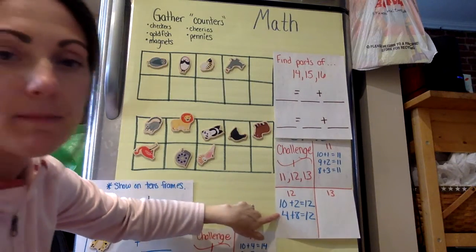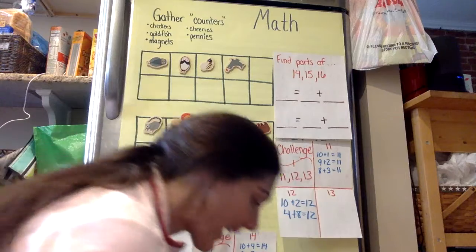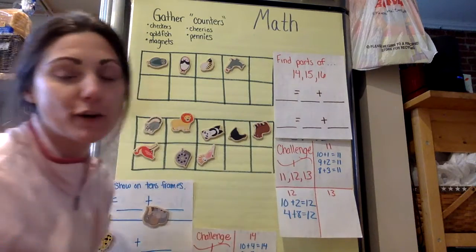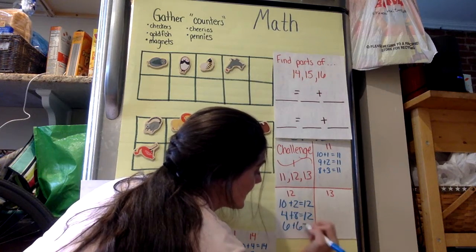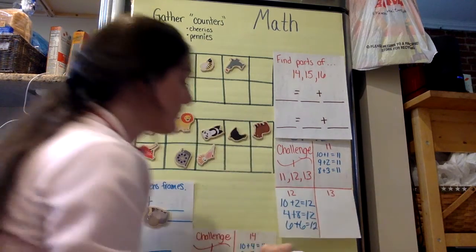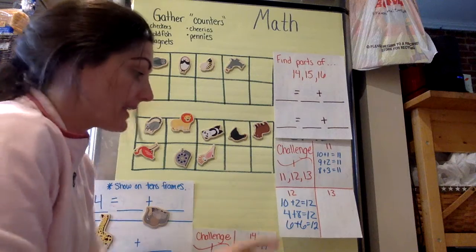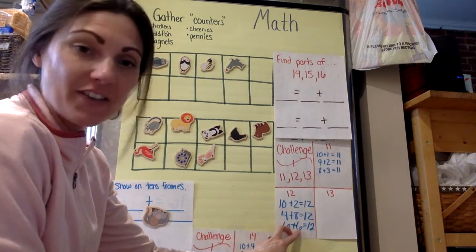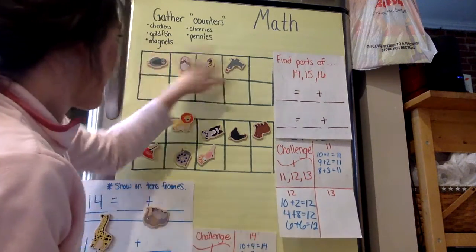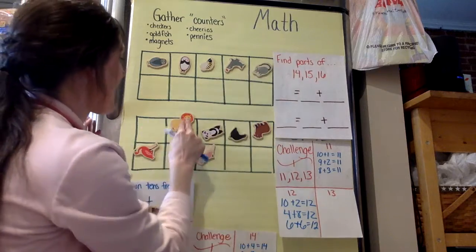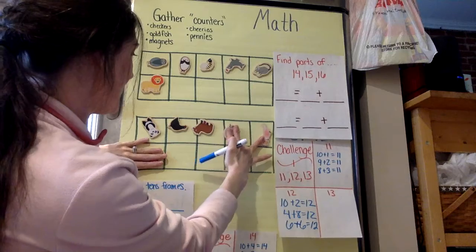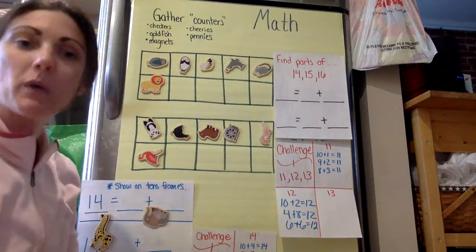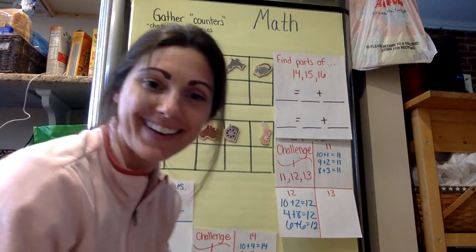So 4 plus 8 is 12. And the last equation that she had for 12 is a doubles fact. She had 6 plus 6 equals 12. When I say a doubles fact, that means that the add-ins are the same, 6 and 6. So if I have 4 up here, 5, 6, and then I would have 6 down here, also still equaling 12. Great job, Gianna.